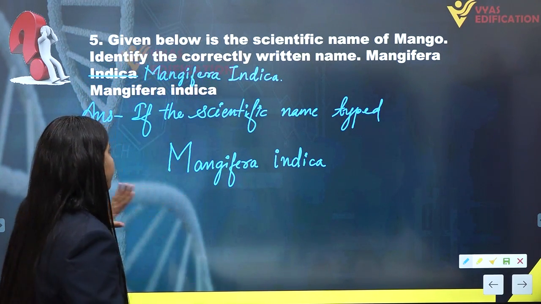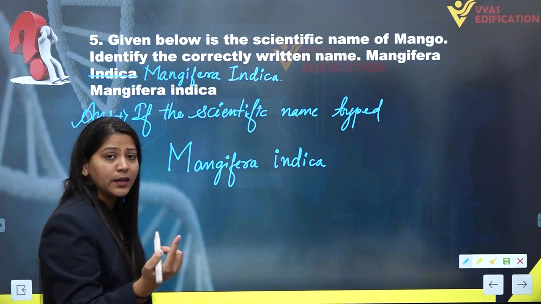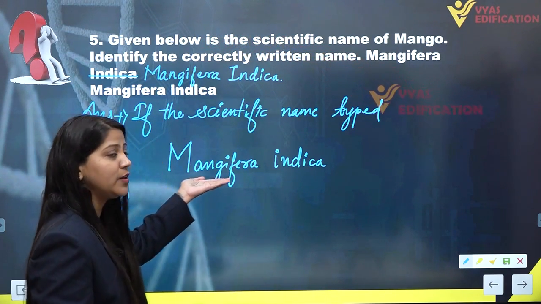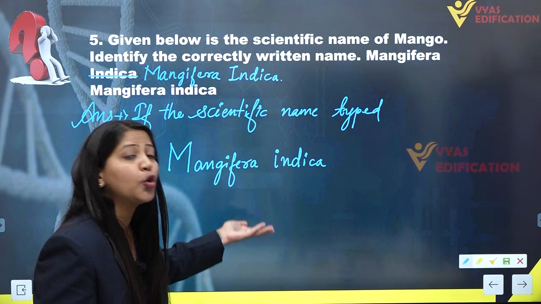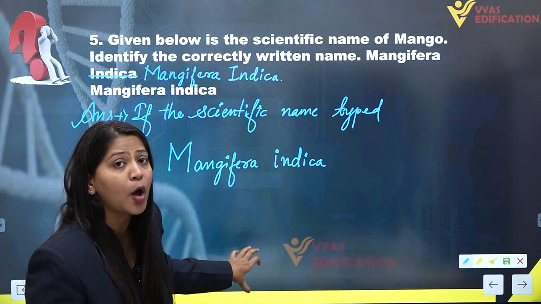Alright, if any scientific name is handwritten, then both genus and species should be underlined separately. This is the complete rule of nomenclature.